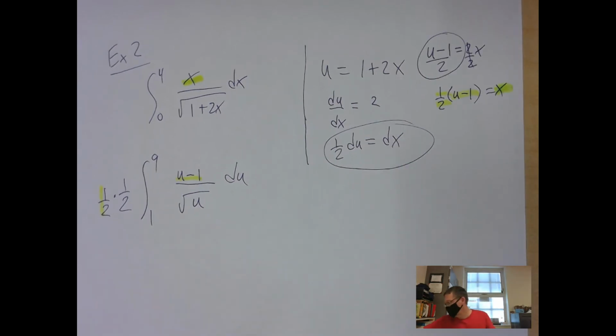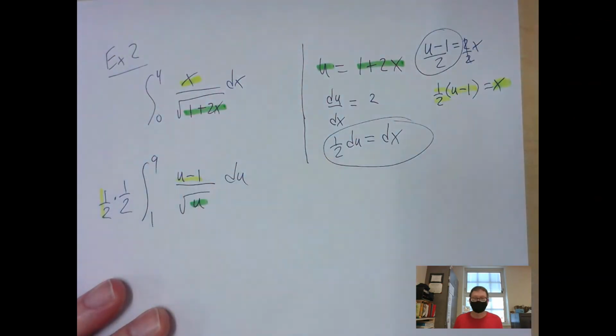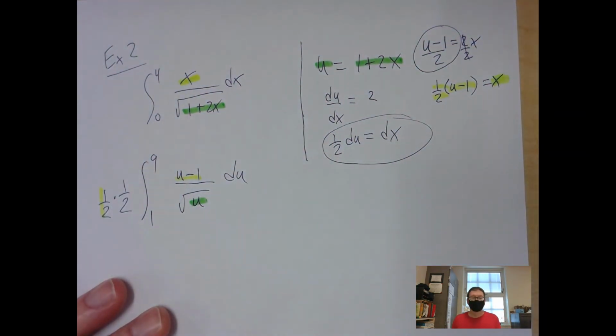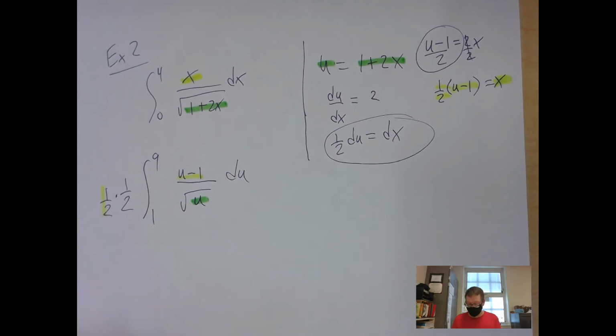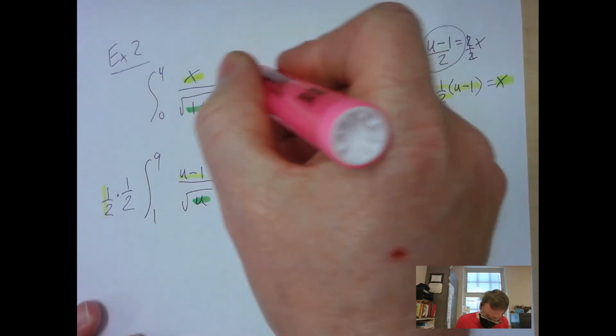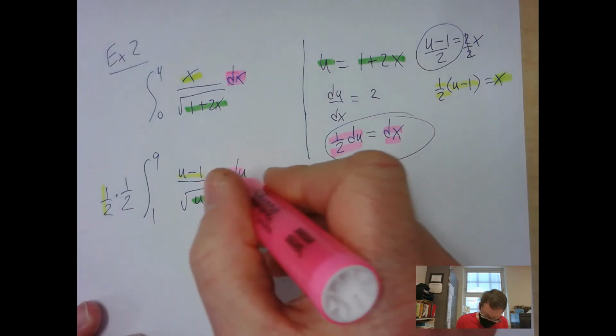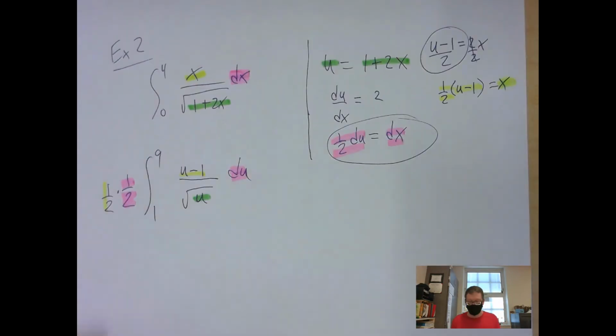And then this part right here, this is what u is, and I put that there. And then dx, I just established that right there, is the 1/2 du. And then change the limits of integration. So everything has a substitution.